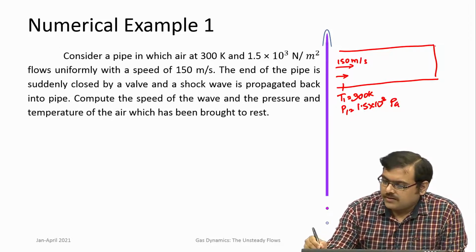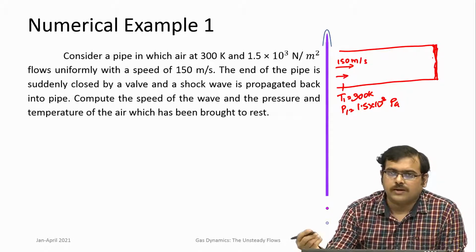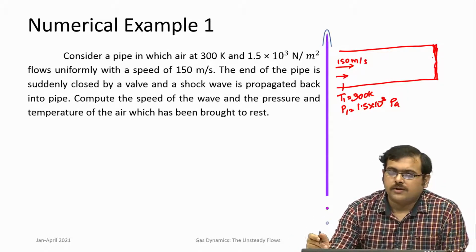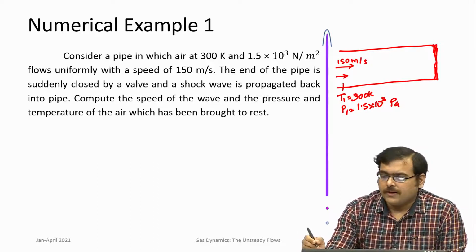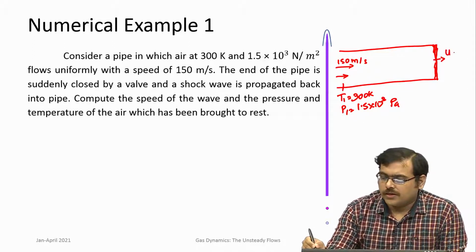Then suddenly this portion is closed by a valve. It is sudden. This is important. This has happened suddenly, so instantaneously the velocity at this wall should go to 0.